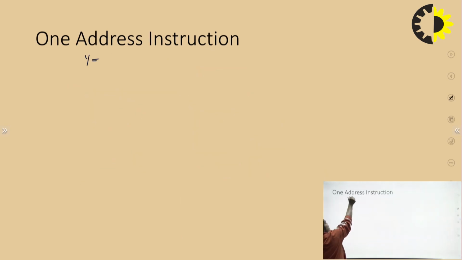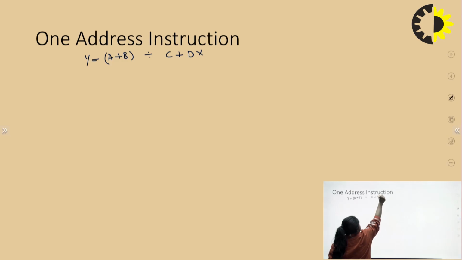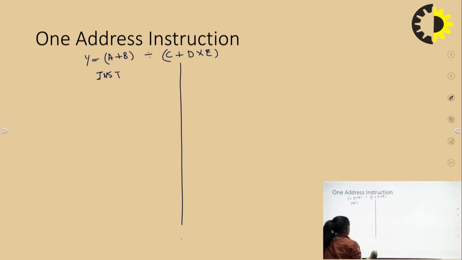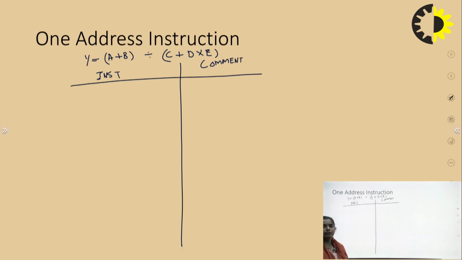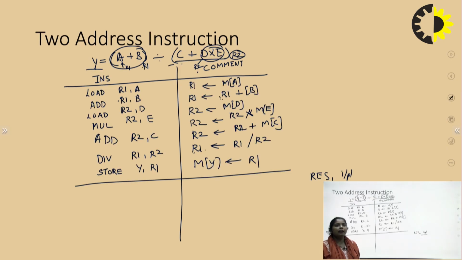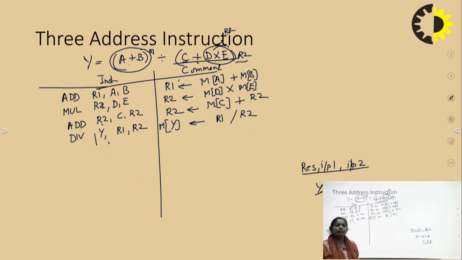Again the same value I am taking, Y equal to A plus B divided by C plus D into E. In the one address instruction, only the accumulator will be there. Here, in the 3 address and 2 address instructions, there were R1 and R2.